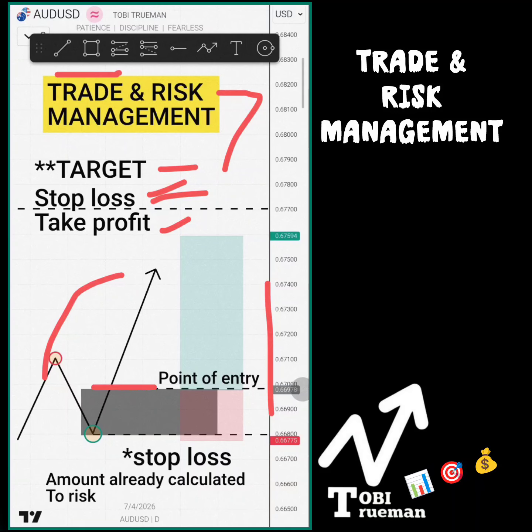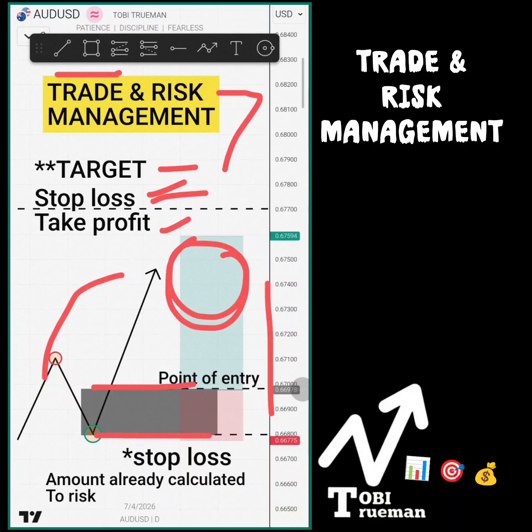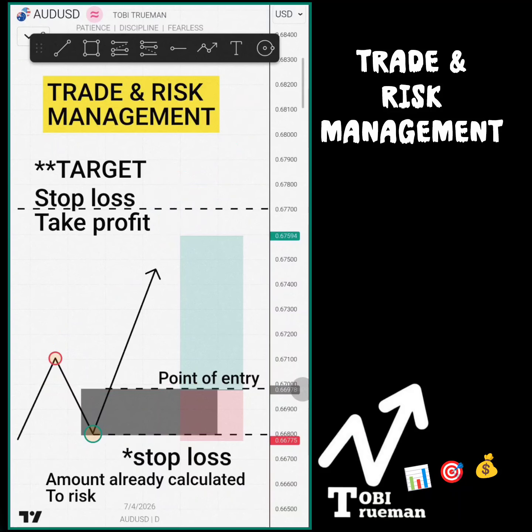Maybe we have seen here as our value zone. If that is our value zone, then we place this particular tool for measuring where we are going to enter the trade. So our mode of entry is that this is the point of entry, this is the high point, this is if you are trading, buying.